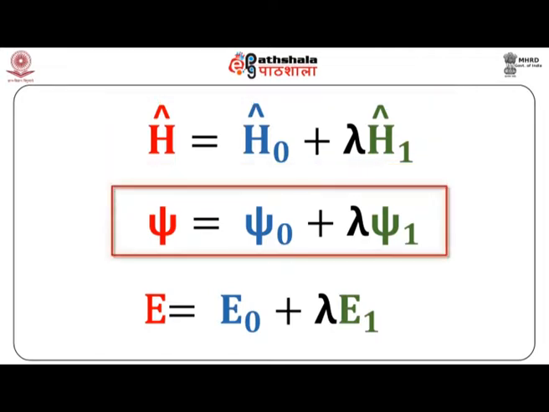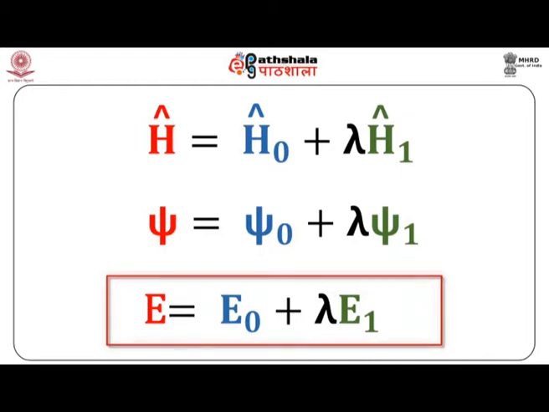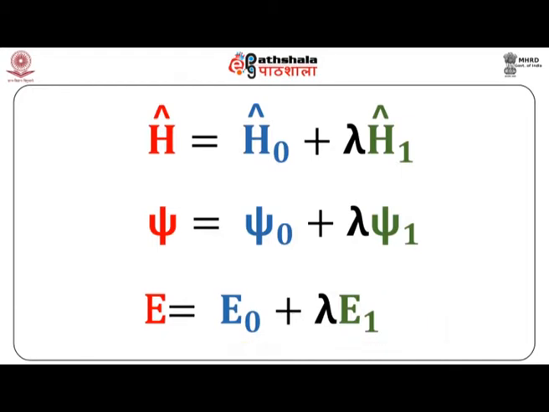Similarly, psi will be equal to psi 0 plus lambda psi 1, and E would be E0 plus lambda E1. You can see here that in these equations we have ignored the second order terms, that means those terms where lambda square was there. Therefore, only the first order correction to the perturbation theory is taken.